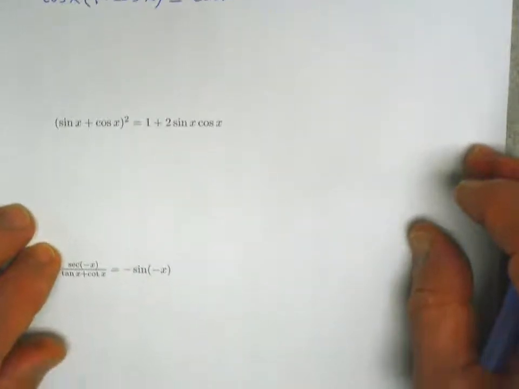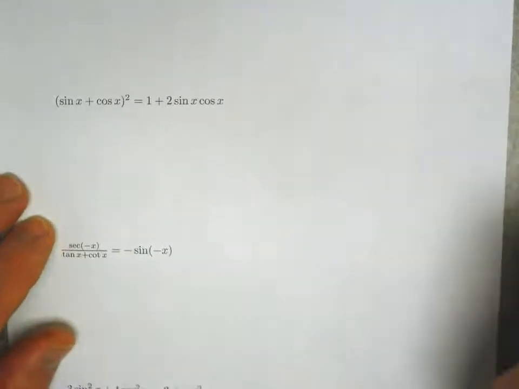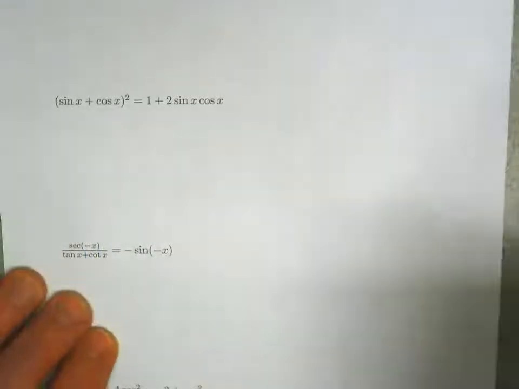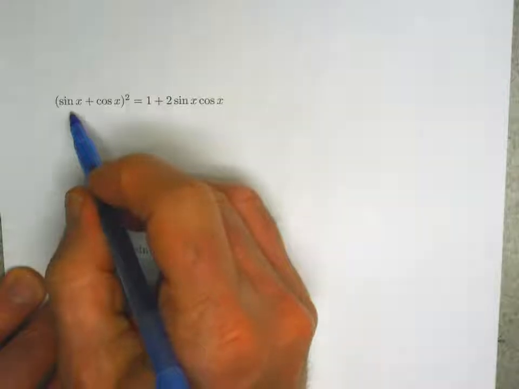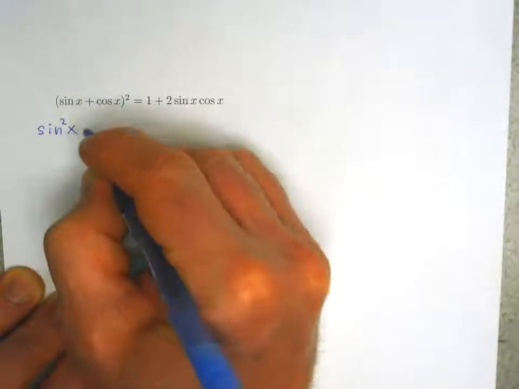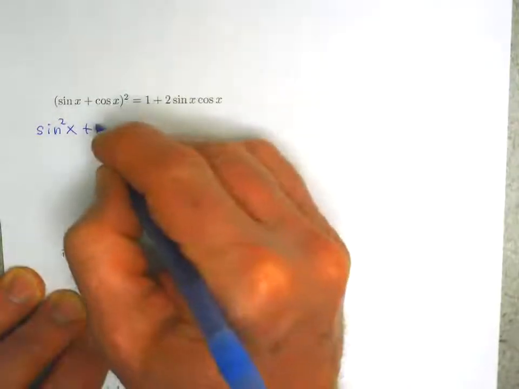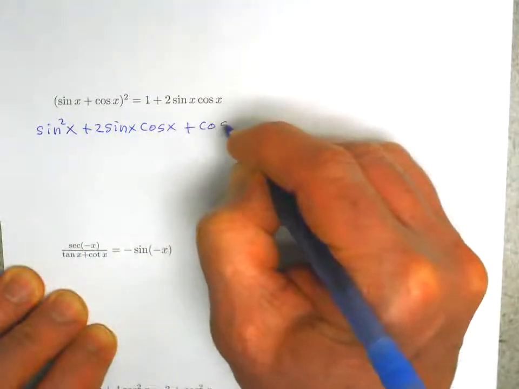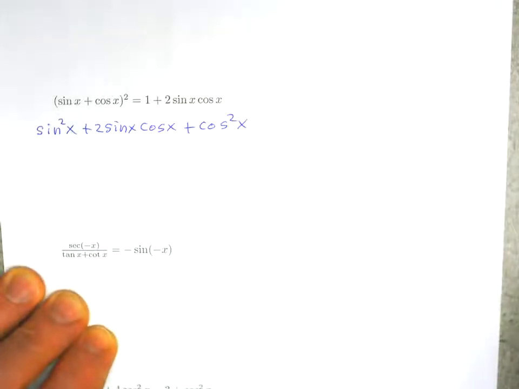Okay, and the next one, we'll begin on the left-hand side. When we square sine of x plus cosine of x, we get sine of x squared plus 2 sine of x times cosine of x plus cosine of x squared.